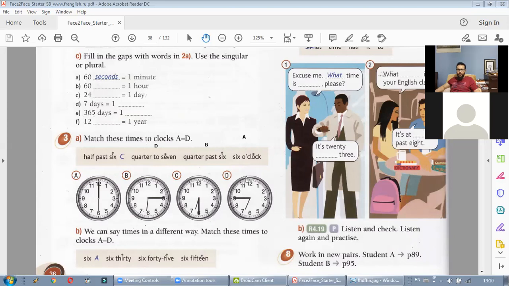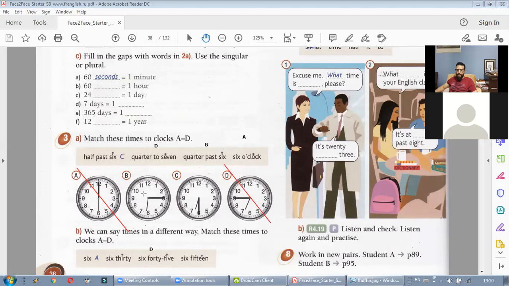D. Okay, correct. 6:45 is D. Let's write D, and let's remove it so we don't use it anymore. So we used A and we used D. So we still have B and C.